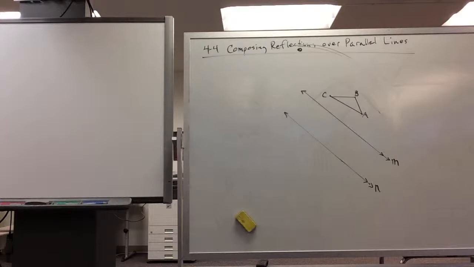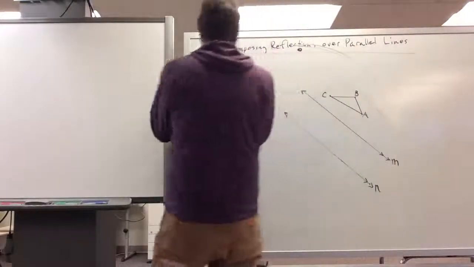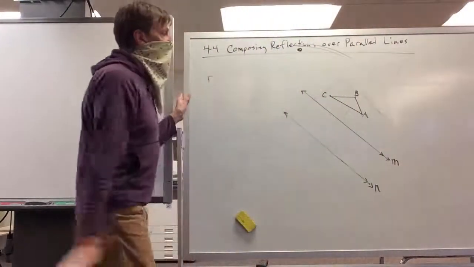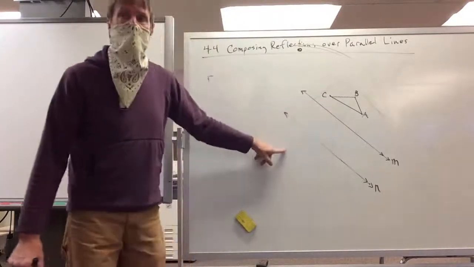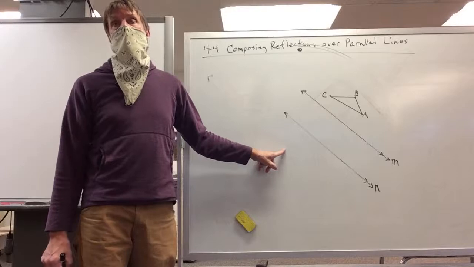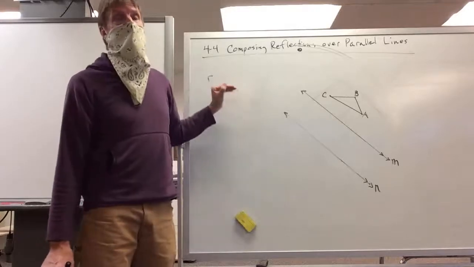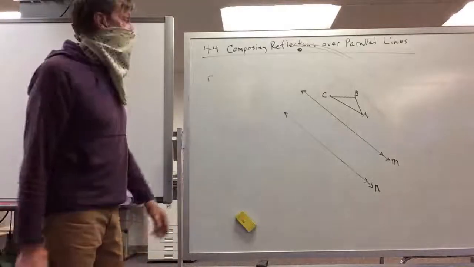I think we should go over M and take the result of that and make it go over N. So we wanna go over M first, and then keep going and flip it over N. How would I write that as a composition of reflections?